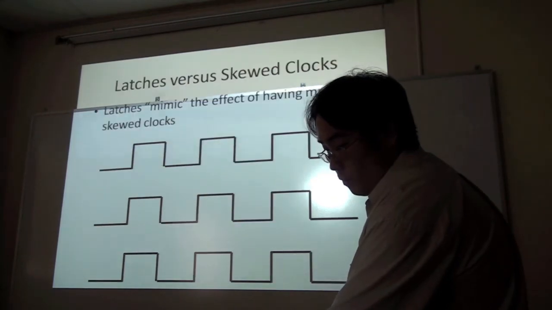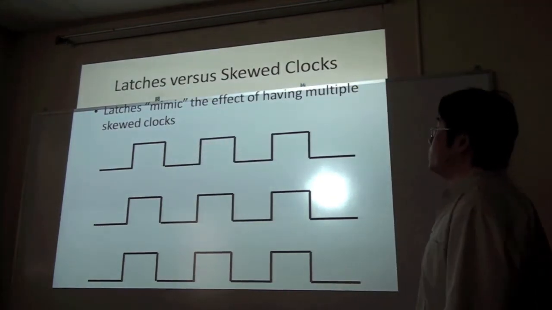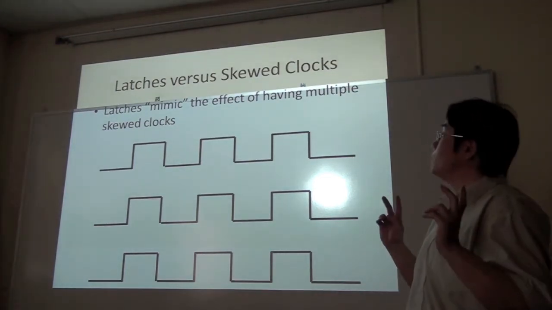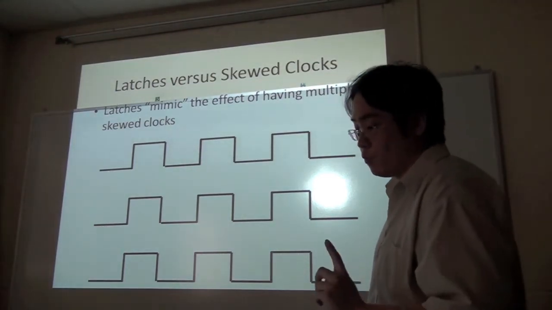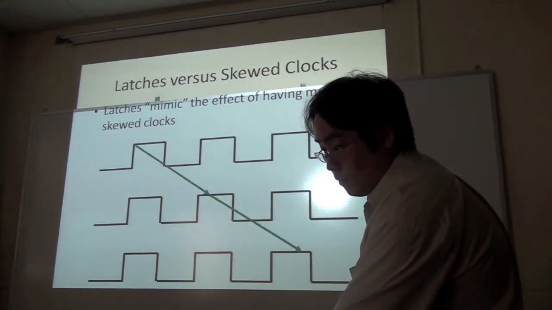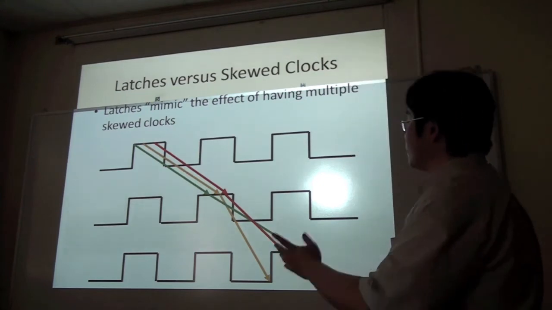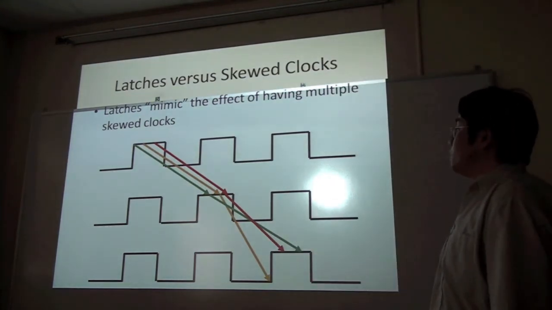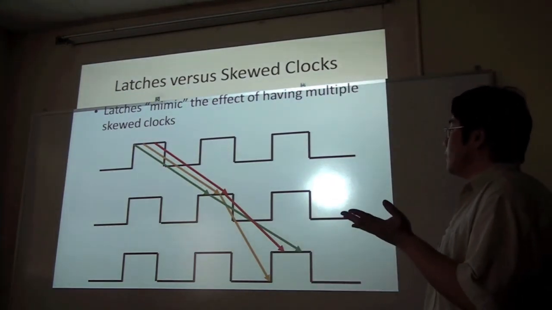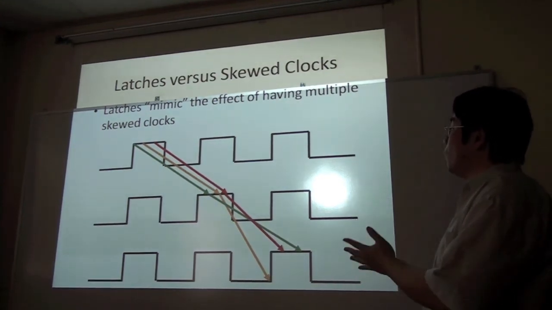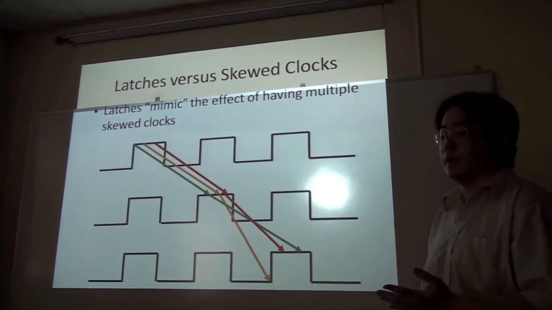One of the other advantages of using latches is that latches can mimic multiple skews or multiple different phases with just one clock, because of the fact that they can be transparent. These are just examples of signal paths that can start at a latch, go through a latch, and then potentially keep going through a latch when it is transparent.